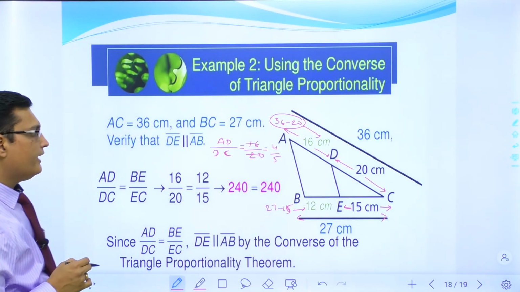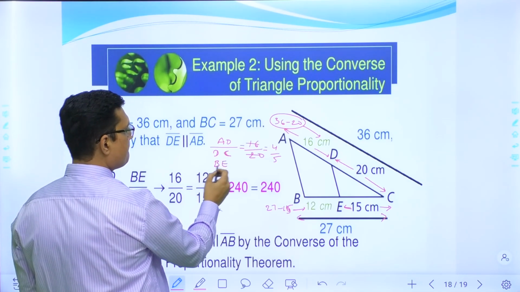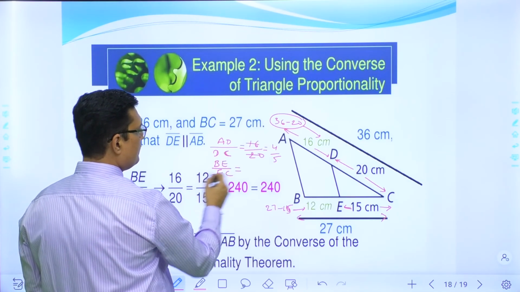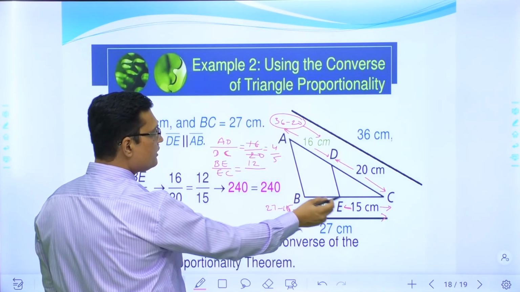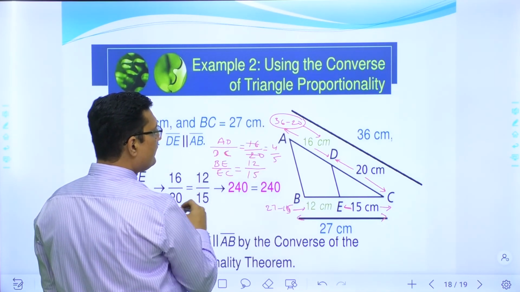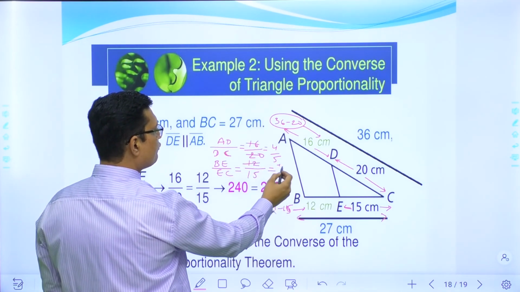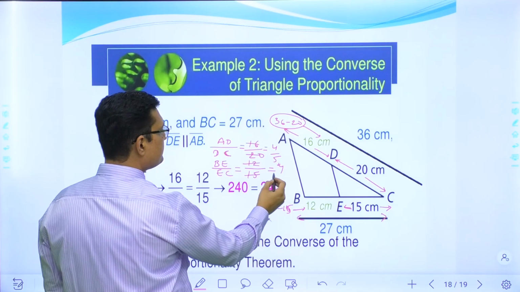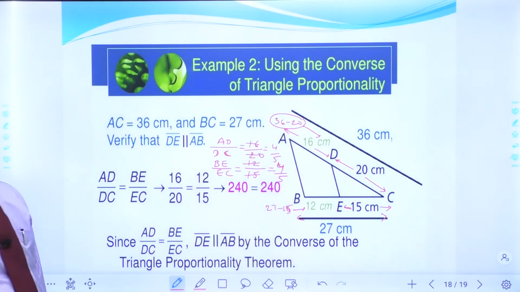Now I am finding BE upon EC. BE is 12 centimeter and EC is 15. When I cancel it by 3, 3 4s are 12 and 3 5s are 15. So students, here also we are getting 4 upon 5.